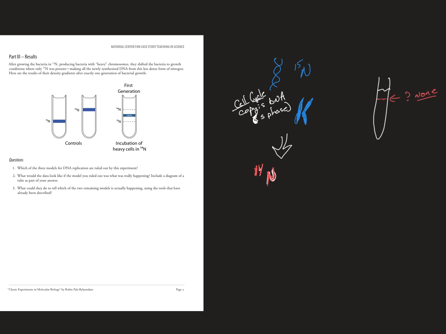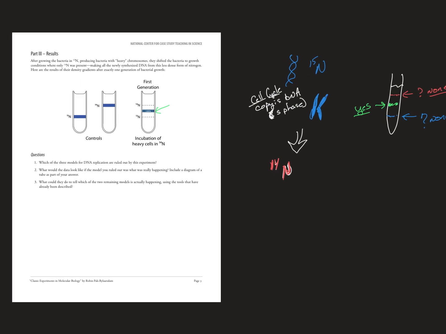No band. Nor would we find it at the heavier site. So there'd be no DNA there either. Where we'd find it is somewhere in between here. There would be one band in the center. You see, there it is. 100% of the DNA is found there.